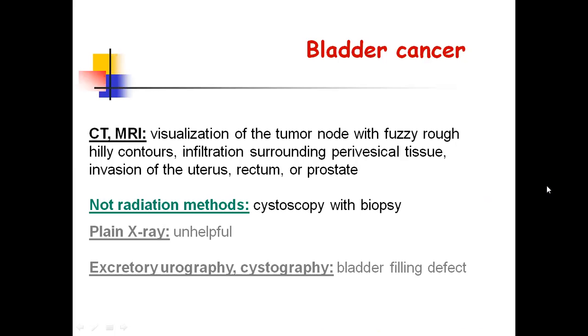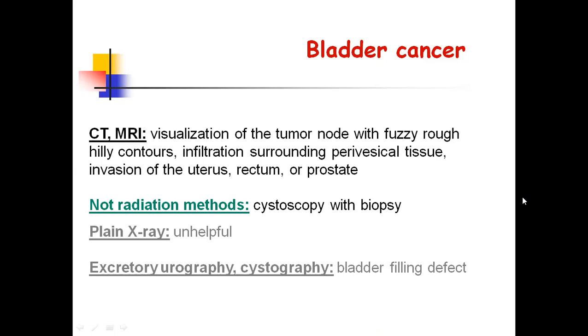Bladder cancer. CT and MRI allow visualization of the tumor node, again as in case of kidney cancer, with fuzzy rough hilly contours, infiltration of surrounding perivesical fat, invasion into adjacent organs such as uterus, rectum, or prostate.